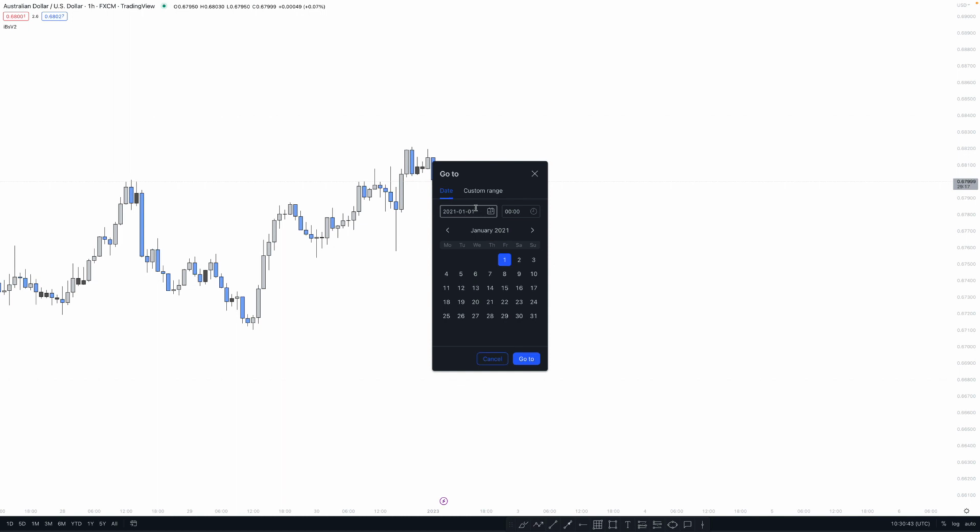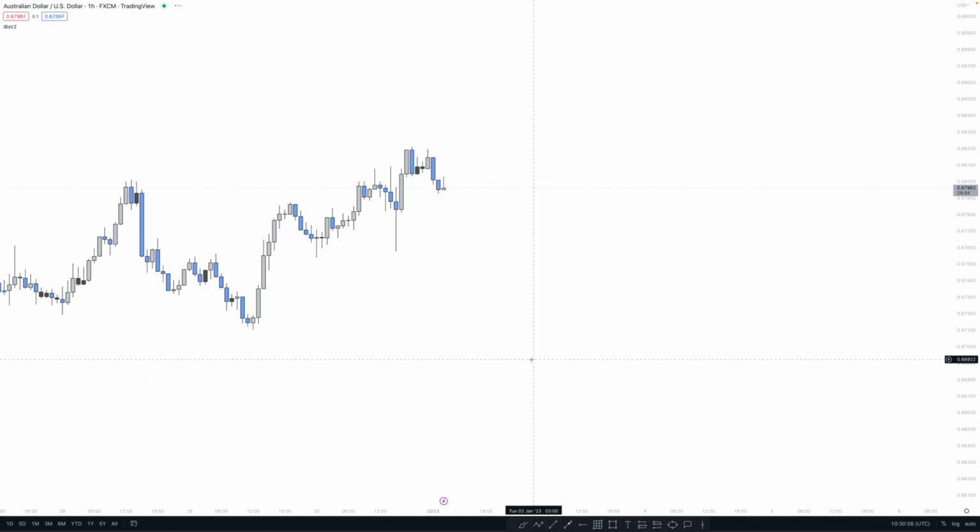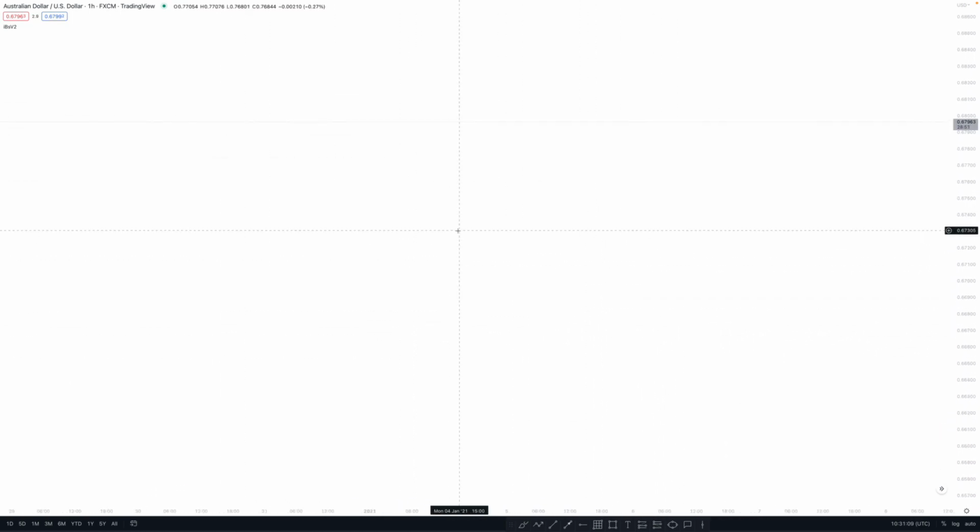Okay. So when you have found, let's say we want to backtest January 2021, the first month of January 2021, you're gonna find the date, you're gonna write it here, and you're just gonna click here, go to, boom. And you're gonna see that all of a sudden the chart has disappeared, okay? You should not try to find it like this because it's gone.